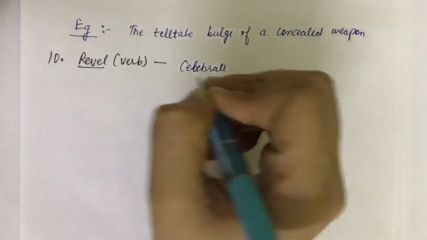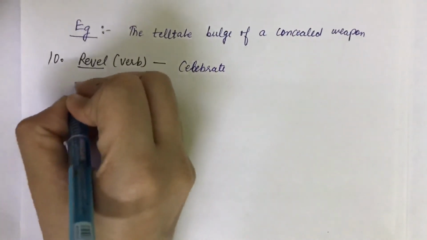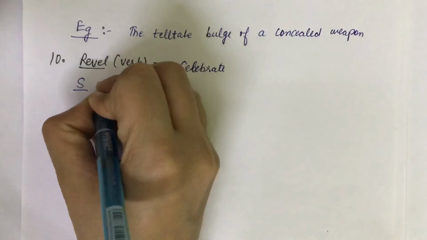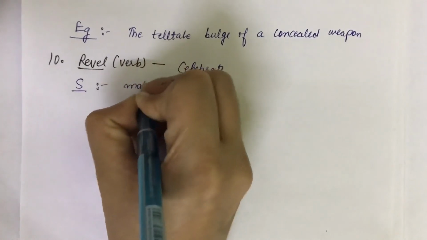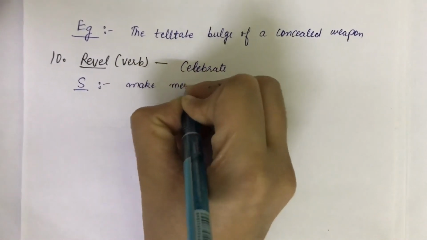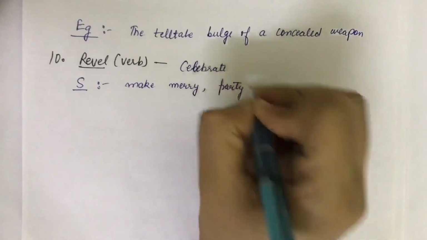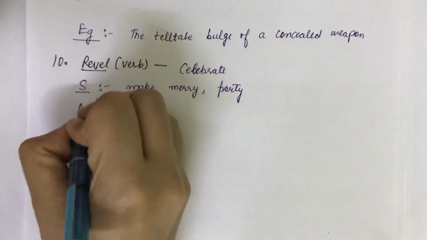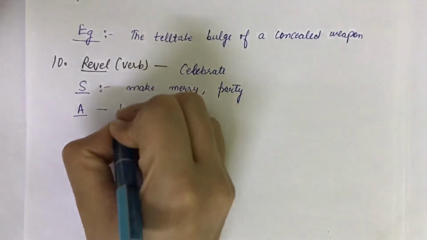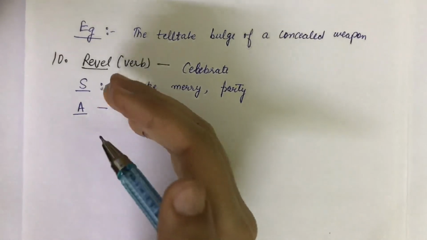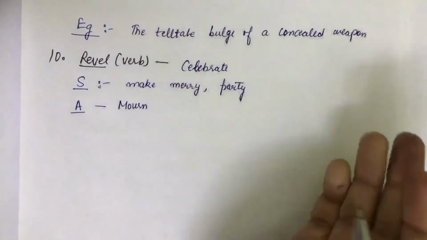Synonyms to celebrate or revel can be make merry, or you can use the word party. The antonym to this is mourn, which means to not celebrate something.